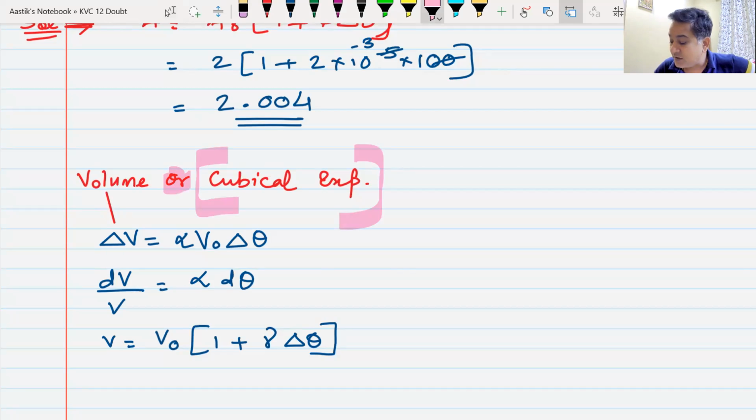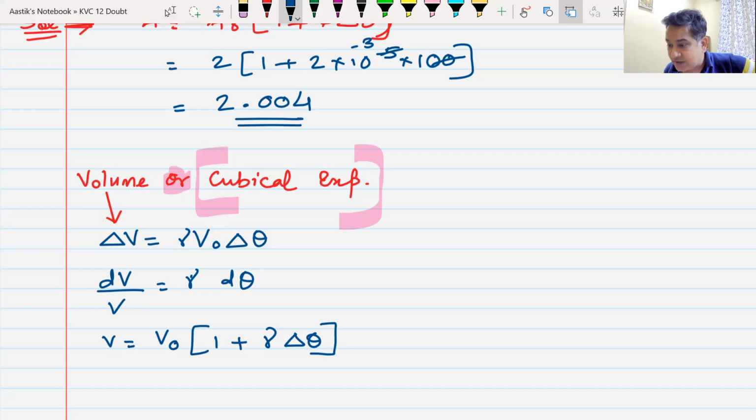So this is the formula for volume expansion of a liquid. Why have I written alpha here? I should have written gamma. So expansion in liquids is only expansion in volume, because liquids don't expand in length or in area, they expand in volume.